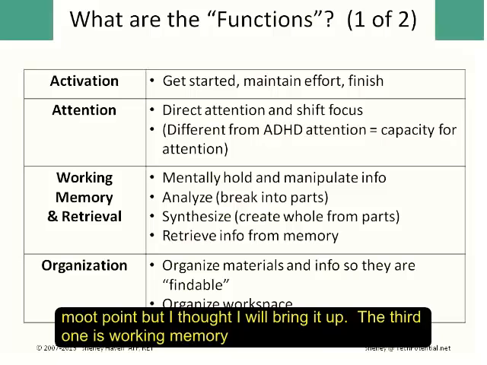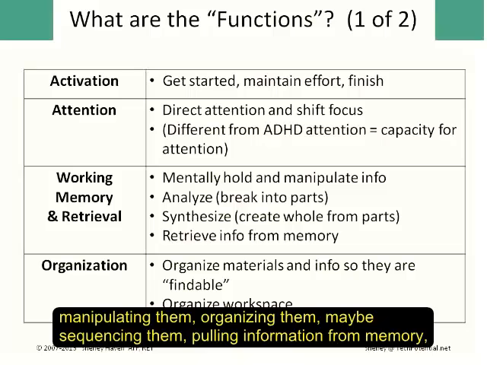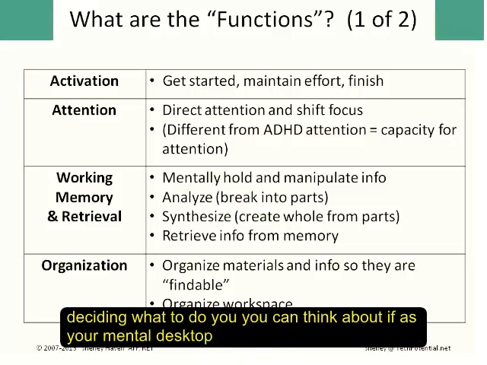The third one is working memory and retrieval from memory. This is where a lot of the processing goes on in your head. Think of it as the RAM in your mental computer, where you're holding a number of pieces of information, manipulating them, organizing them, maybe sequencing them, pulling information from memory, deciding what to do.